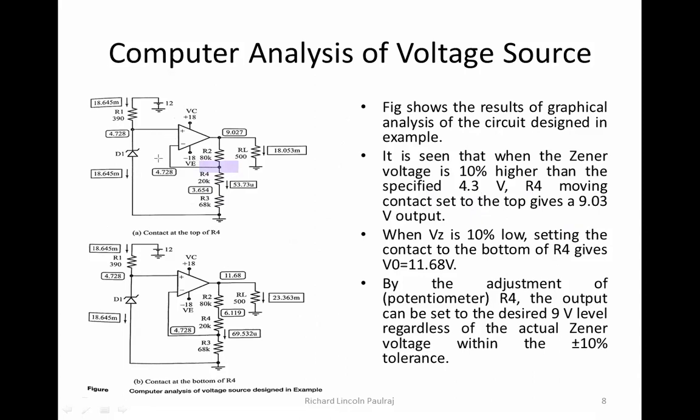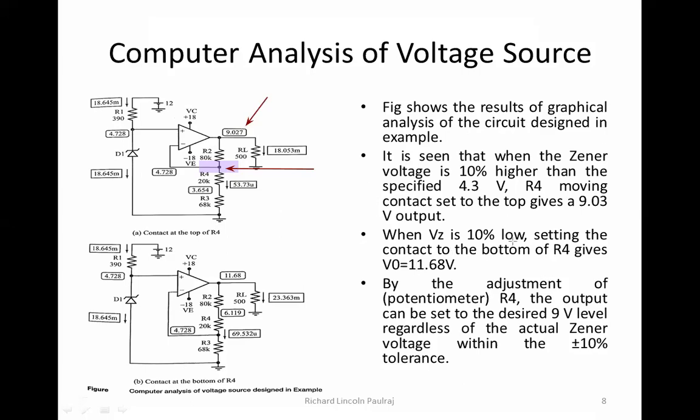This wire is connected to the top of R4. I hope you're able to locate it. So when this is connected to the top of R4, we are getting about 9 volts.